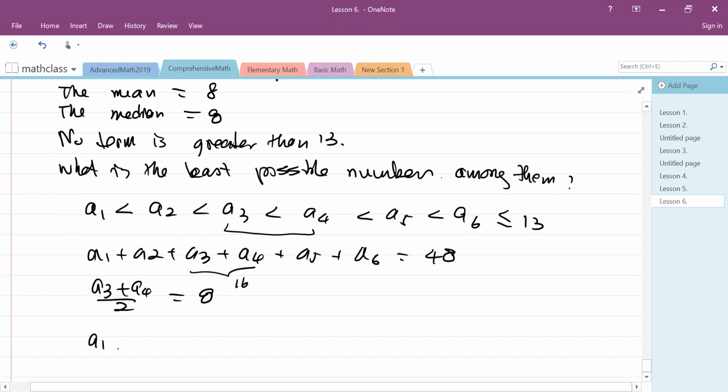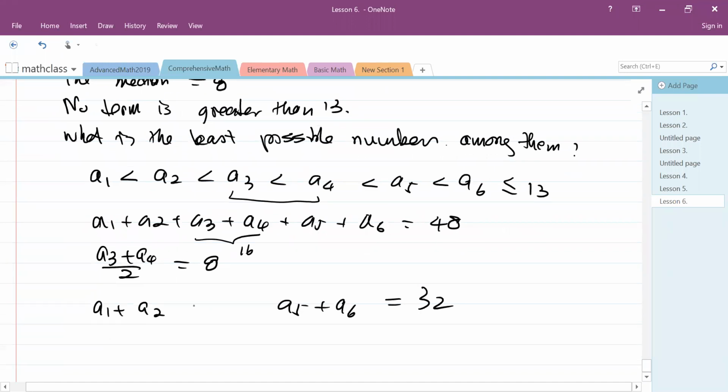So basically, you have 16 here, A5 plus A6 equals 48 minus 16, 32. So you only have 4 integers. In order to make A1 as small as possible, you have to make A3, A5, A6 as large as possible. You are already given the upper bound. So I would like to choose 13, and I just try by guessing, okay? To see if I can make it or not, right?